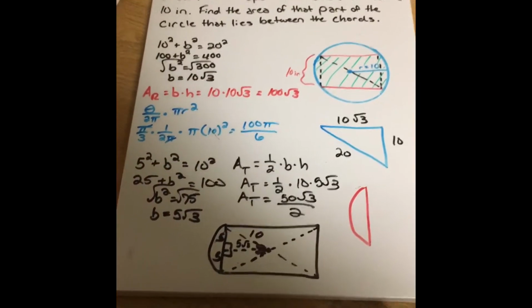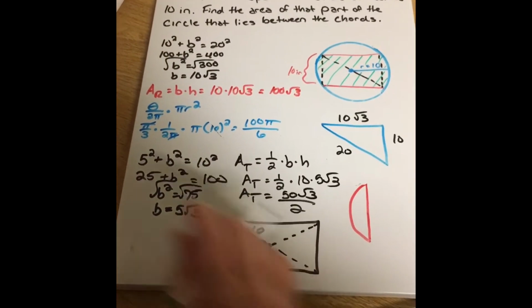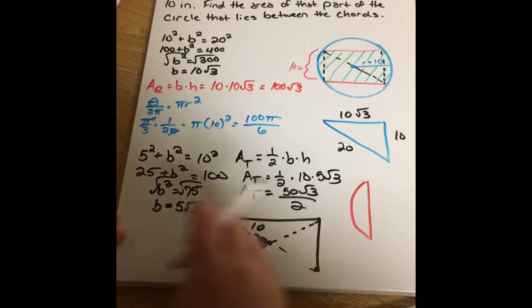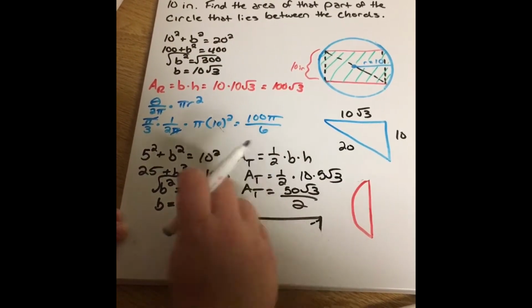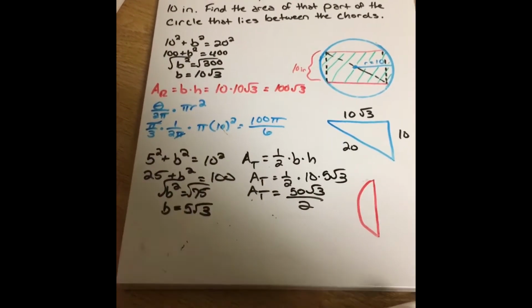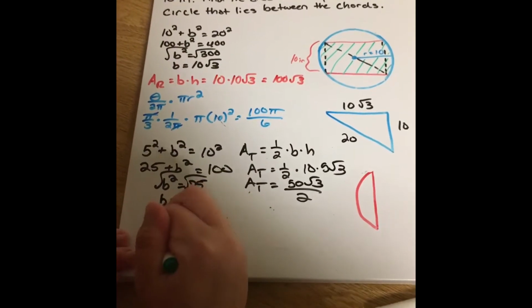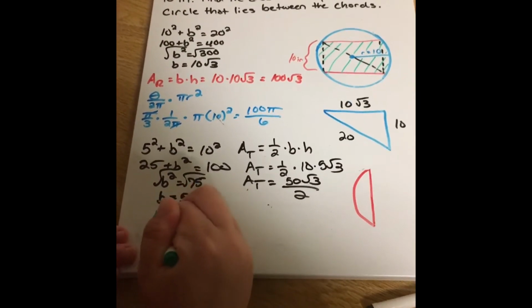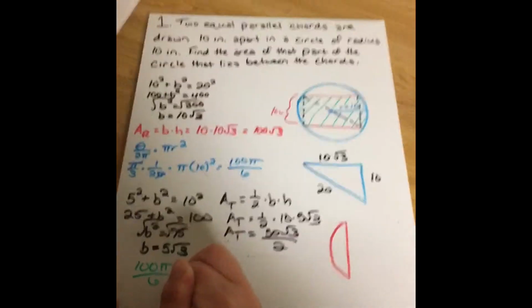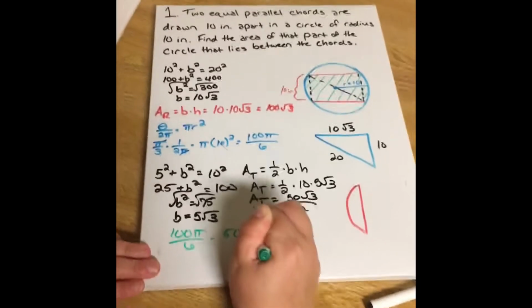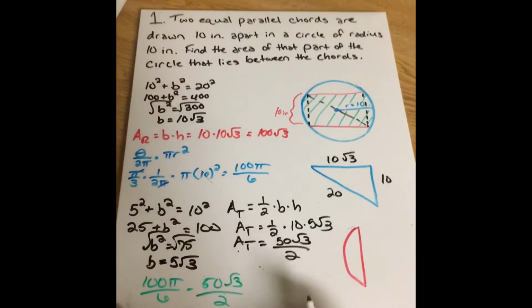So therefore, the area of this little portion of the circle over here is going to equal 100 pi over 6 minus 50√3 over 2.